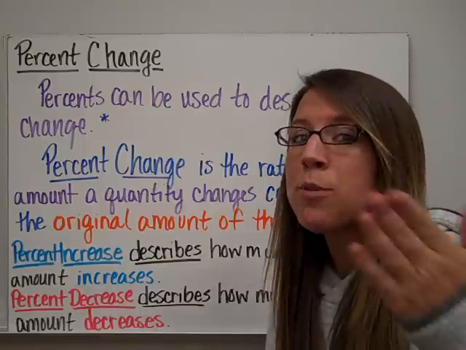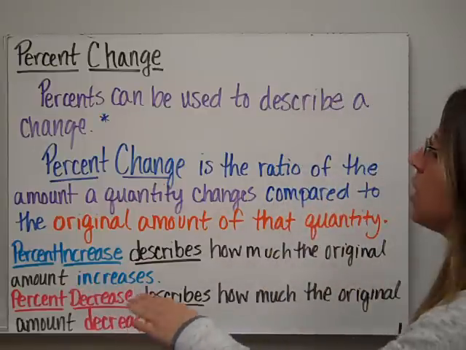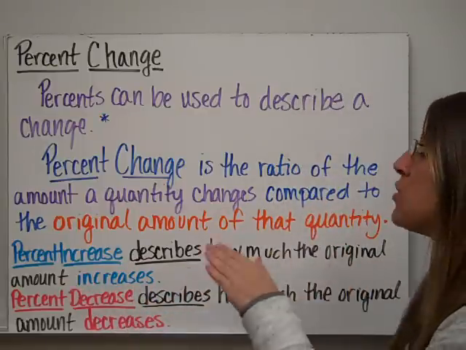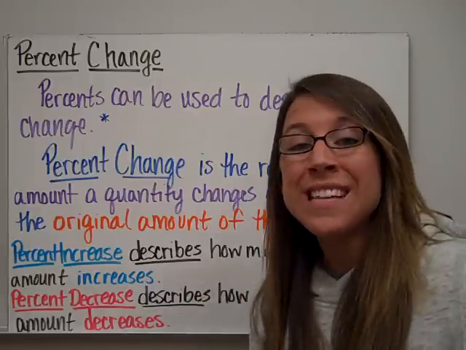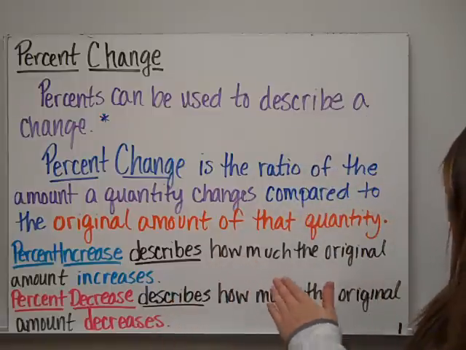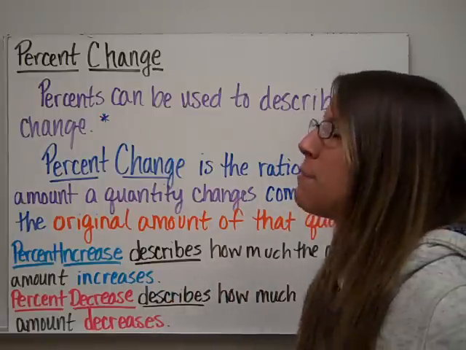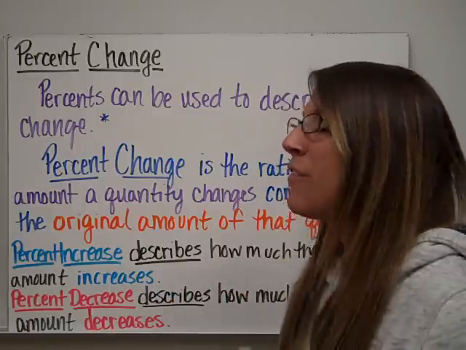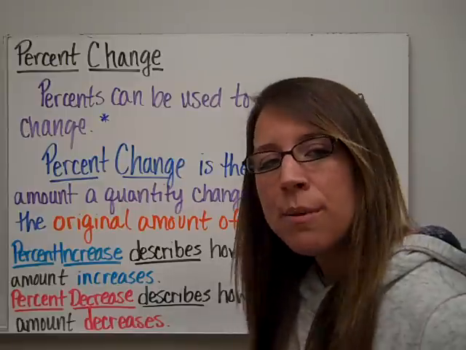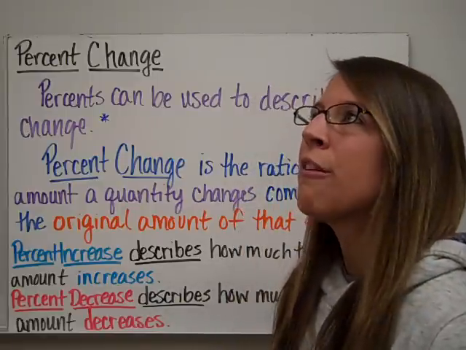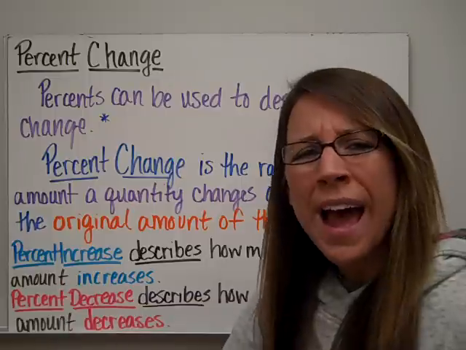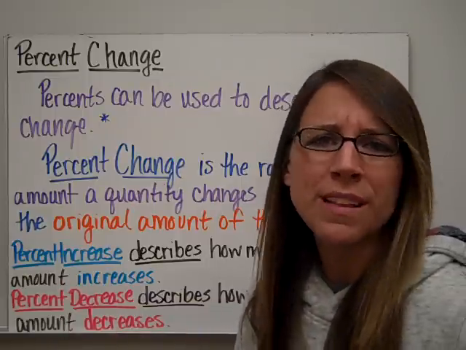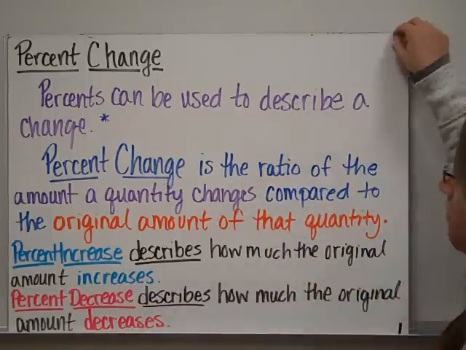If the amount goes up, you're going to have a percent increase, which describes how much the original amount increases, and then you're also going to have a percent decrease if the original amount decreases. And the percent is somewhat of a description of an amount. So again, if Walmart's sales increased 20%, that describes the increase to people who may be listening or watching a report.